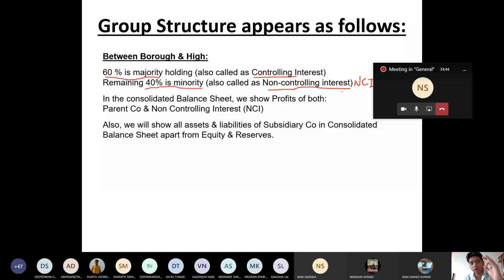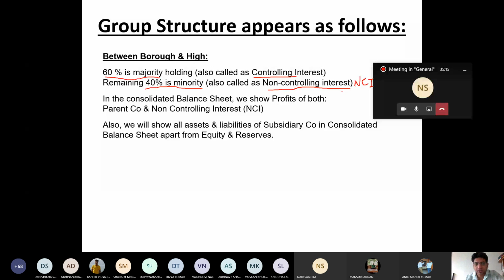So even though we are only holding 60%, the balance sheet will be for the entire 100%. We'll split it into two parts: 60% we'll show as majority, and the 40% will be shown as non-controlling interest, a separate liability.